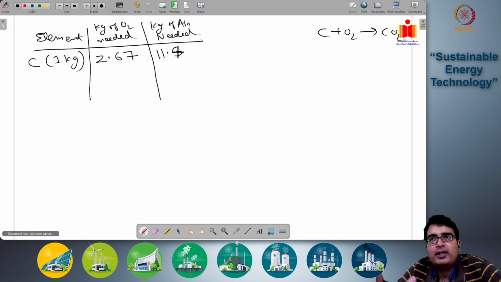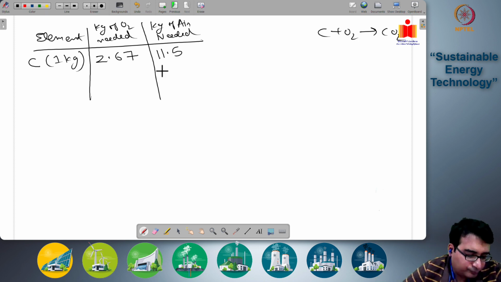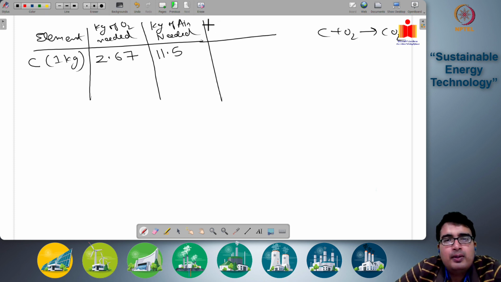So 100 moles of air contains 21 moles of oxygen. So 2.67 moles of oxygen is contained in how many moles of air? And you multiply it by the molecular weight of air to get the kgs of air needed to burn 1 kg of carbon. This can also be given in terms of volume of air or meter cube of air needed.